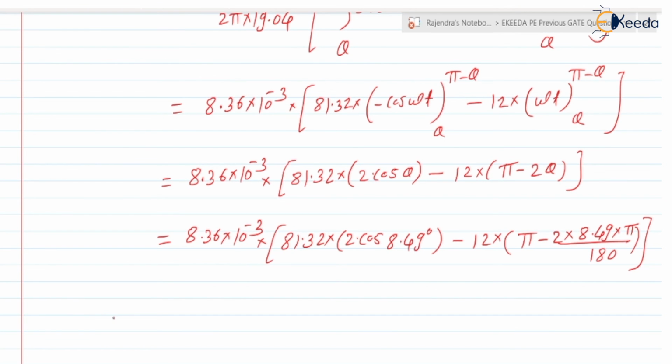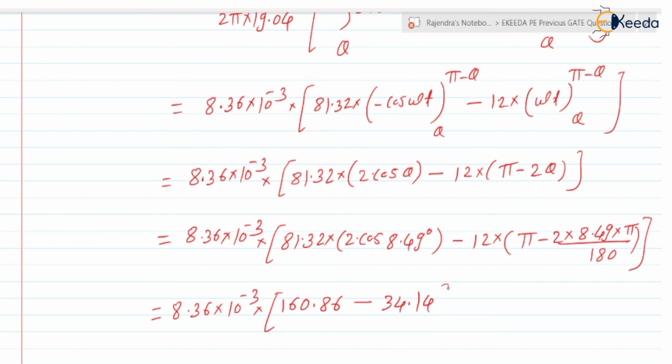Further we can write it as 0.36 into 10 to the power minus 3, right? Into, let us check this term, 2 into cos of 8.49, which is 160.86, minus 12 into pi minus 2 into 0.148, which is 34.14.